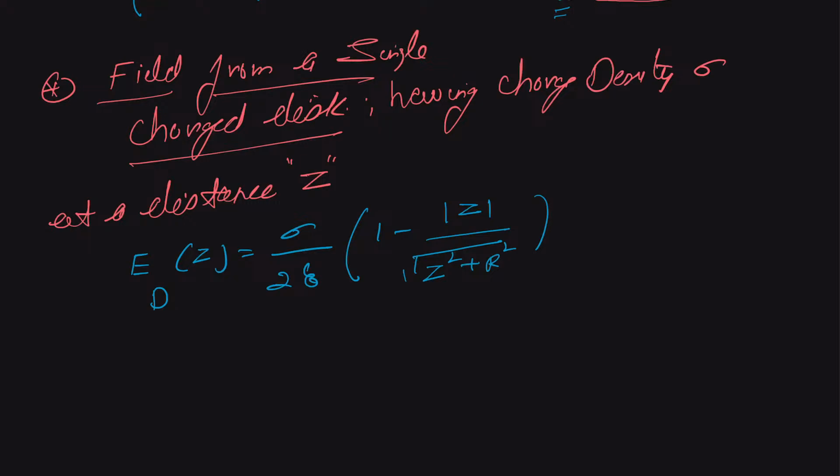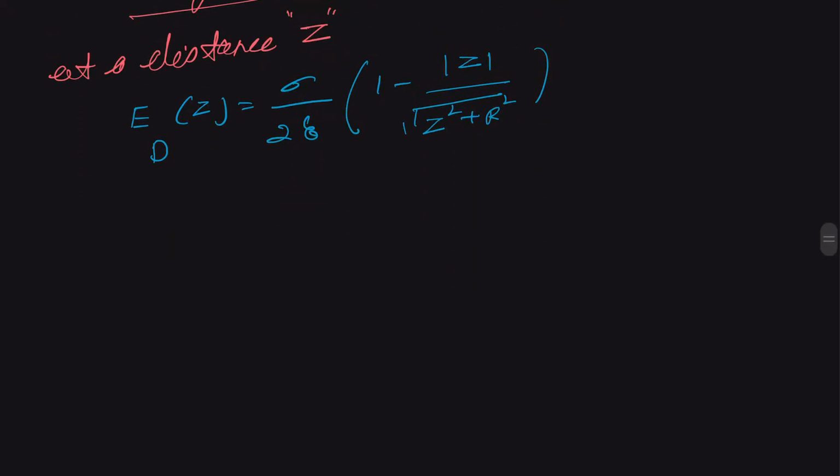We have taken the modulus of z because if z is greater than 0, we take it as positive, and otherwise it will be negative.